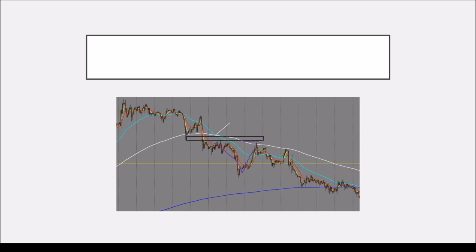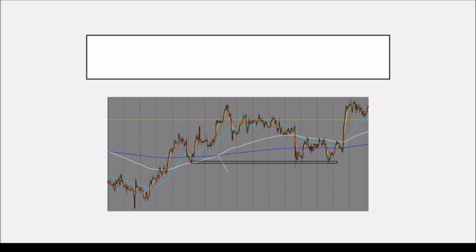So the first thing, while the market was in play, was to look for this point where the market gave a reversal in the past and try to draw a zone using the M15 time frame. Unfortunately, this is an H1 time frame.